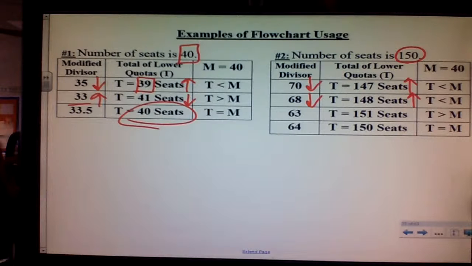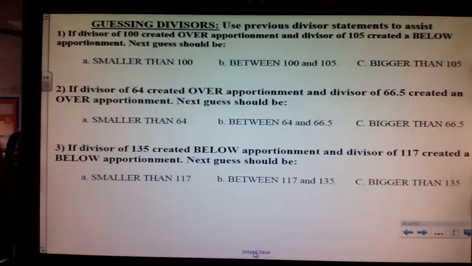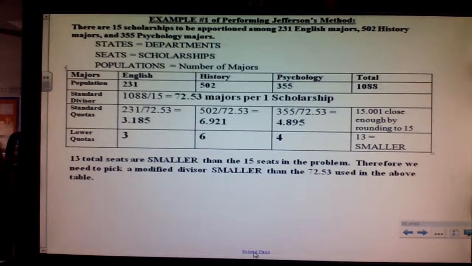Then I went too far, so this needed to go down, which means I needed to guess something up, and we don't stop until this matches that. It is okay to be confused right now. Actually, let's skip through this. We'll go back to that in a minute, I promise.